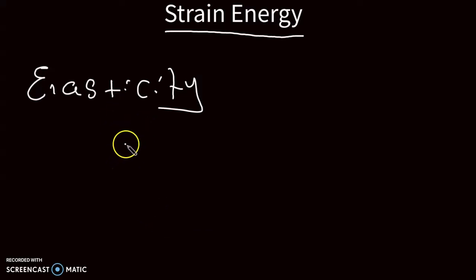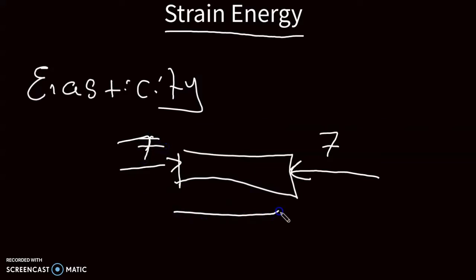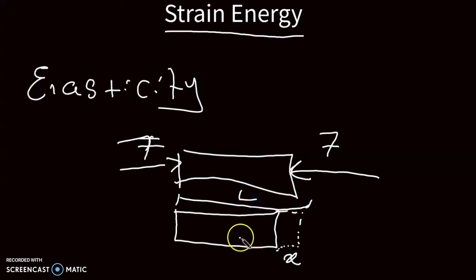So we are having a body and we apply a force of F. This is a compressive force, meaning this force will shorten this object. We will end up with something like this, with this being our change in length, this being our original length, and this from here to here being our final length.